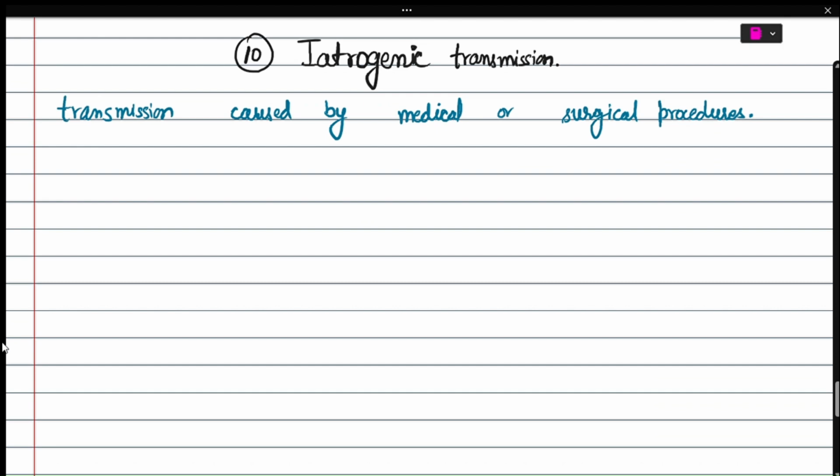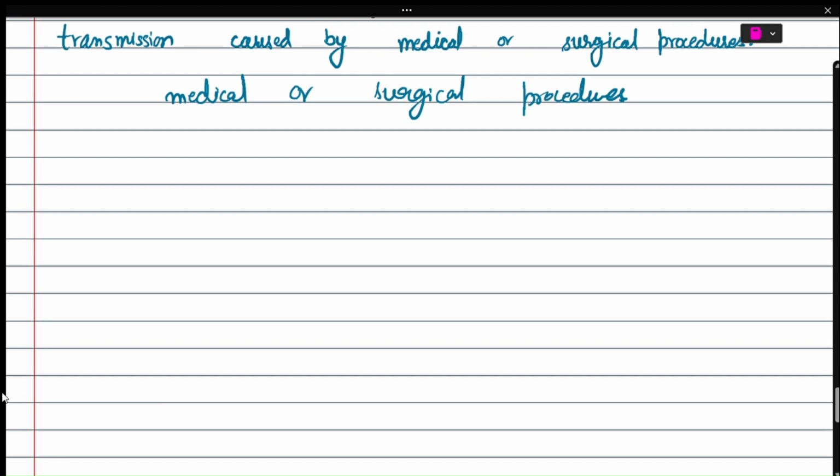Then the last thing is the iatrogenic transmission. Iatrogenic refers to infection caused by medical or surgical procedures. A person goes to a hospital to treat a medical problem, but while undergoing medical procedures or surgeries, the person can get some other infection or pathogen into the body. Why does this happen?